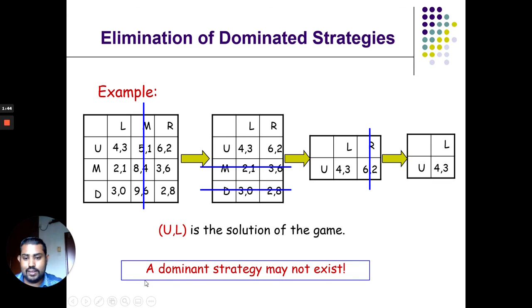And do remember, in real life a dominant strategy may not exist. Okay, this is an example. If it exists, we can have an alternative solution, but do remember a dominant strategy may not exist in the real world. For example, in the telephone industry or technology industry, they will never have a dominant price or dominant advertisement or factors, because most of the industry will do the same thing.